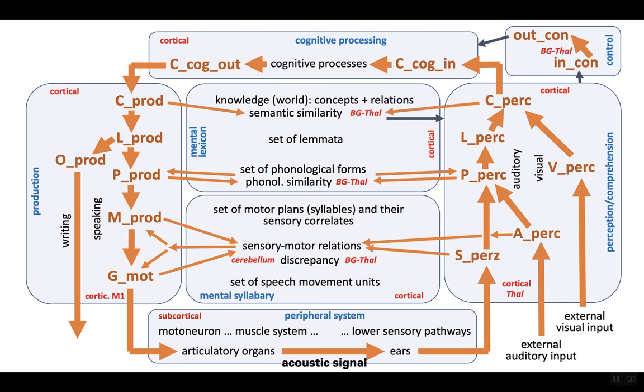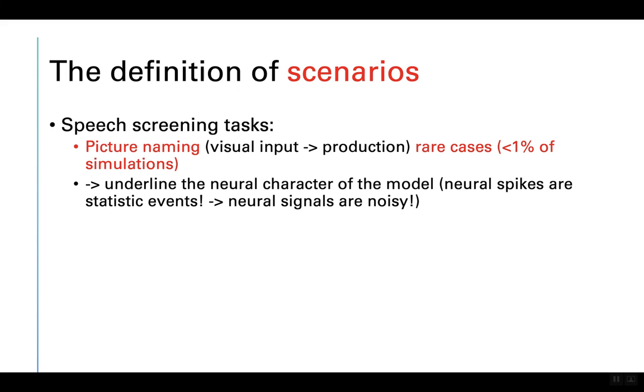The model, the test person, was aware what it has to do. In some special cases, not in this experiment of the 2020 paper, but in earlier experiments, we evaluated rare cases.